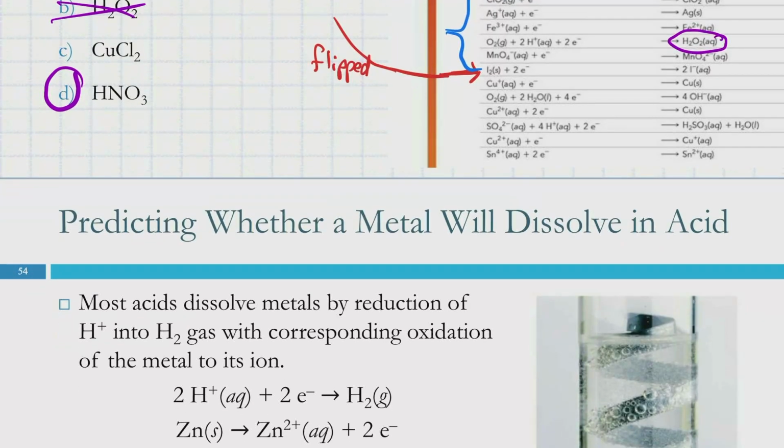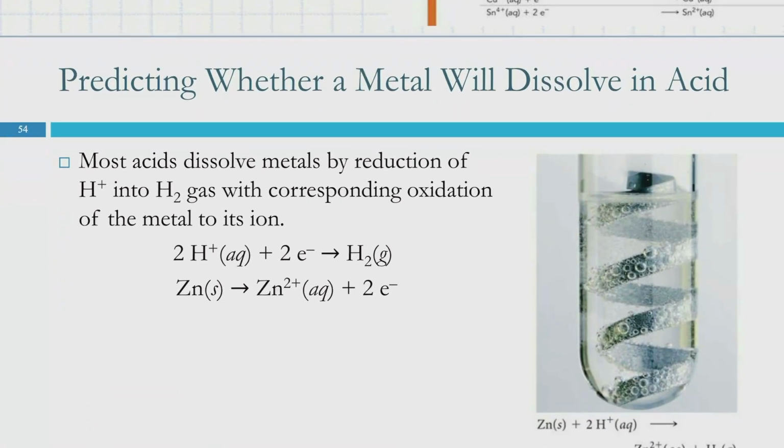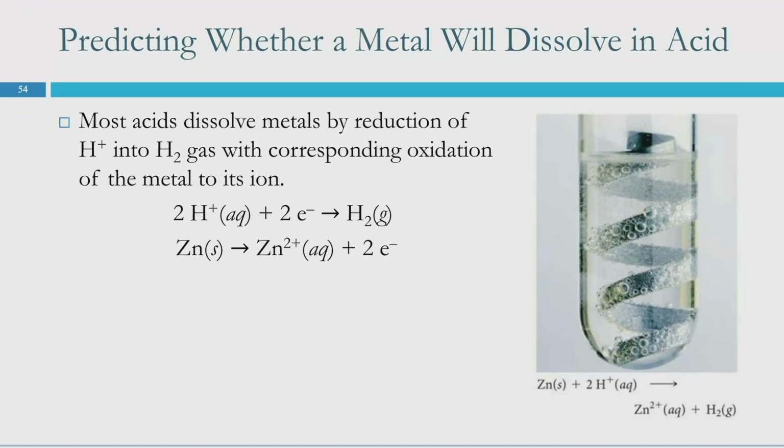All right, so that example is helpful. It's related to predicting whether a metal will dissolve in acid. So generally, acids dissolve metals by reduction of H plus into H2 gas. That's our standard hydrogen electrode half reaction.